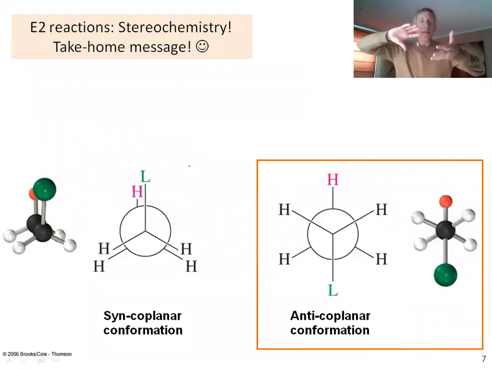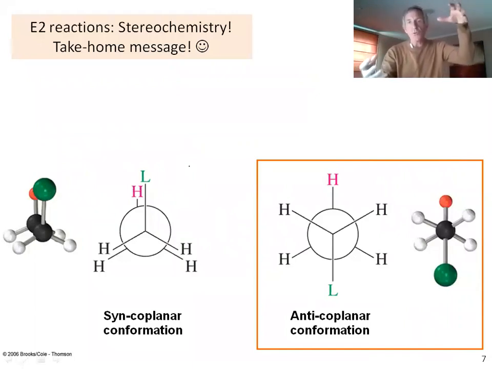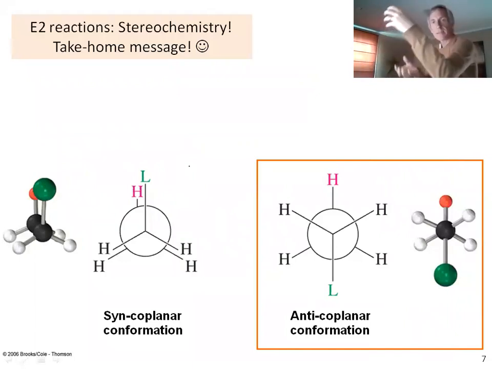And keep in mind, no matter what structure I give you, you are going to want to rotate it if you can, if it's around a single bond, and rotate it until the leaving group is anti to the beta proton. Keep those two opposite each other and coplanar in the same plane. And you will be doing an E2 reaction in no time. Okay?